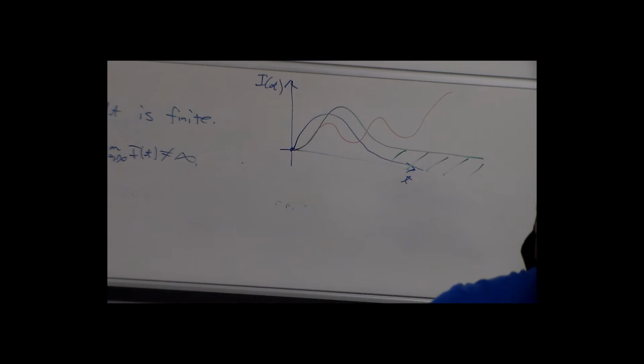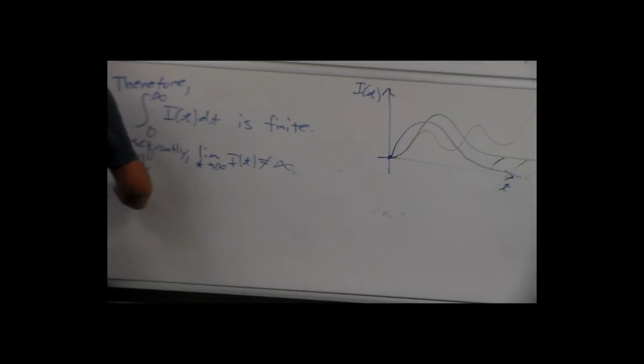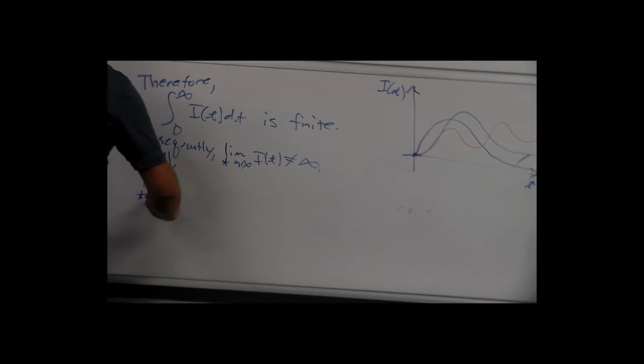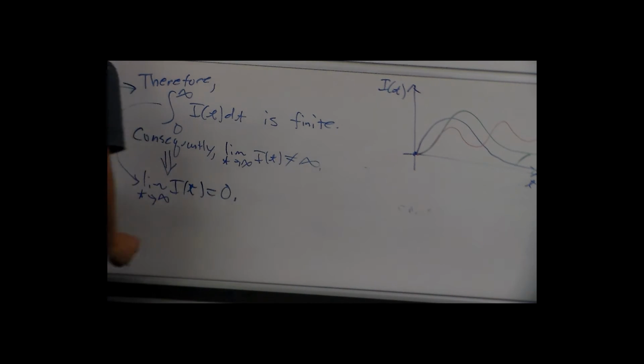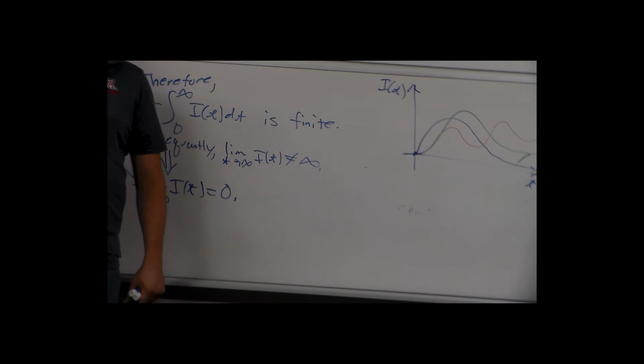Approaches 0. Yeah, it's a little bit more complicated than that, but I'm going to say this implies this. Technically, you need another condition, that your function is uniformly continuous, to say this, but we're working with ODEs. The functions are very nice. You could technically have a function that makes a big spike, comes down, then makes another spike, but the spike is more narrow.